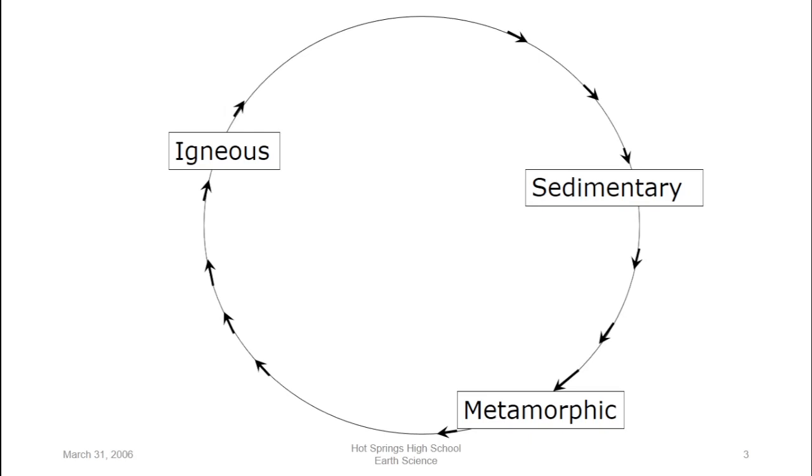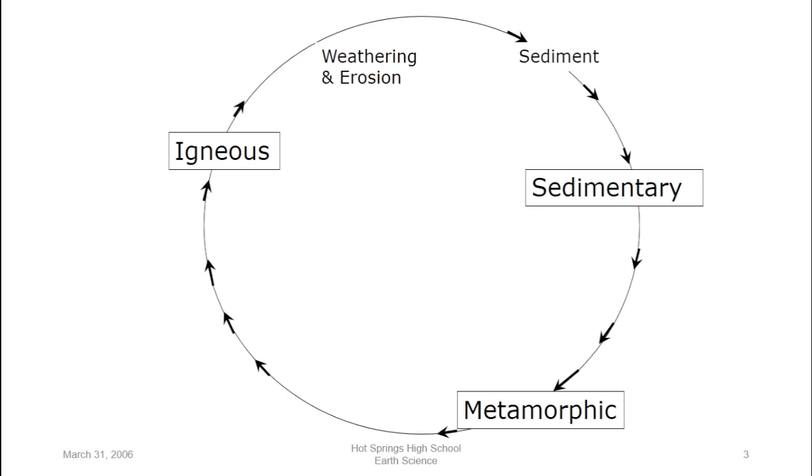We have igneous rock, and if we follow the path over, for igneous rock to end up as sedimentary rock, first we have to have sediment. So what processes would cause the igneous rock to turn into sediment? That is weathering and erosion.